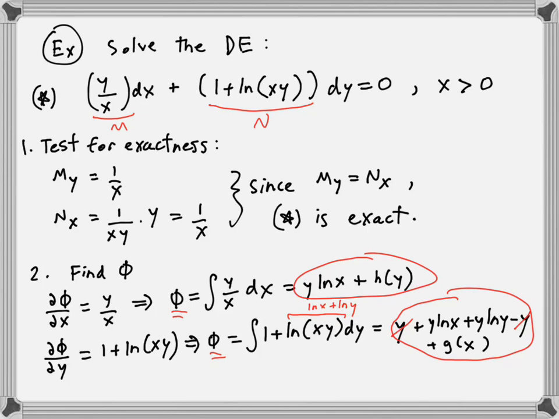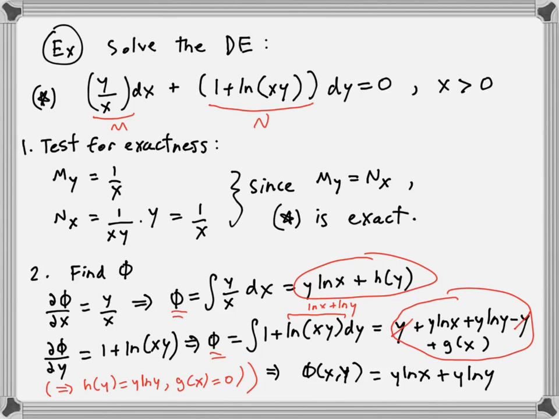This implies that h of y is equal to y ln y, and g of x is 0, because there are no functions of x in the other piece. So we end up with the following: phi of xy, the potential function, is equal to just y ln x plus y ln y.